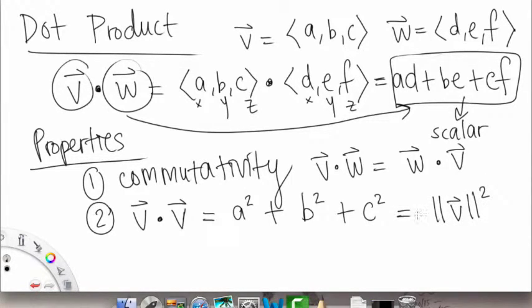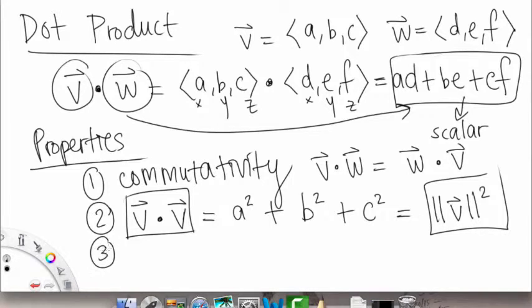Remember, if you were to square root that, you would get the magnitude. So the dot product of a vector with itself is equal to the magnitude of that vector squared. That's an important one that we might use later on.